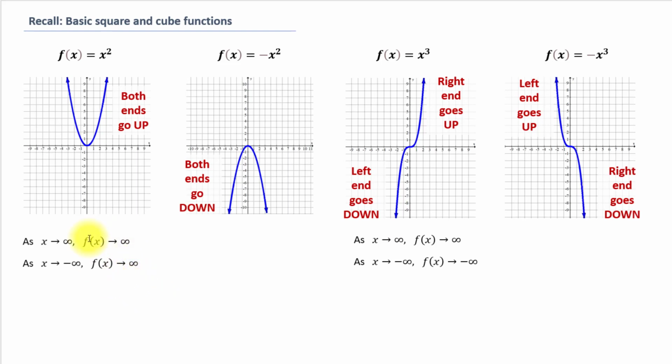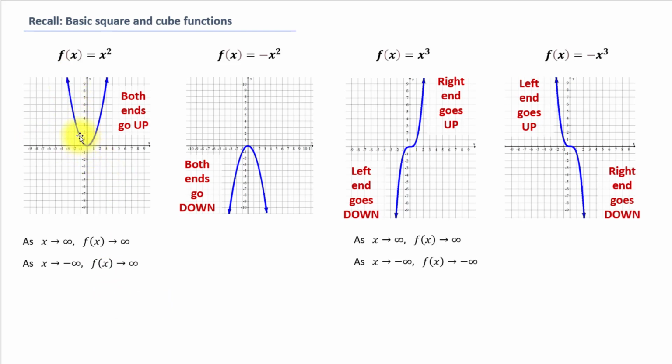This is how we're going to describe the end behavior for the basic square function, where both ends go up. As x approaches positive infinity, function values or y values also approach positive infinity. That's this right end. And as x values approach negative infinity, so they get smaller and smaller, function values approach positive infinity. That's going to be the left end.